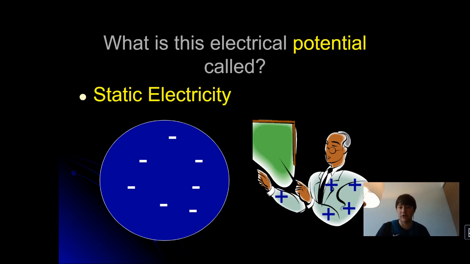And when we have that buildup, eventually we are going to be able to transfer those electrons. And that is when you get shocked, or you're opening your locker in the wintertime and you touch the metal and it shocks you.